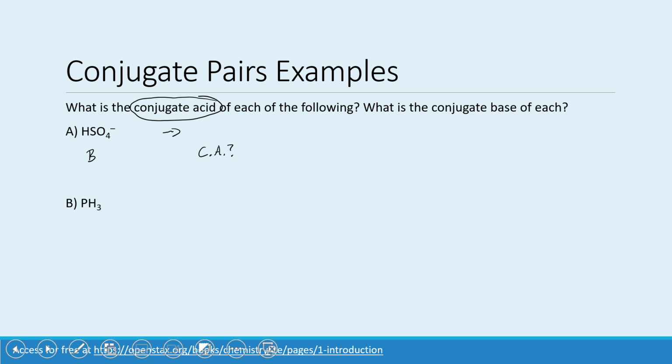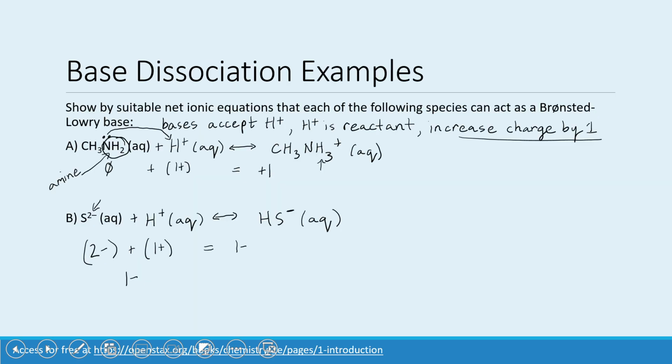Okay, now by definition, if we go back for just a second, remember that bases accept an H+, and so H+ has to be a reactant. So we're going to go back and rewrite these reactions, including the net ionic equation that we've already done. We're going to form these net ionic equations, and that will help us determine the conjugate acid or the conjugate base.